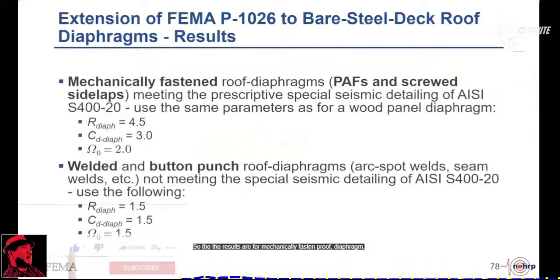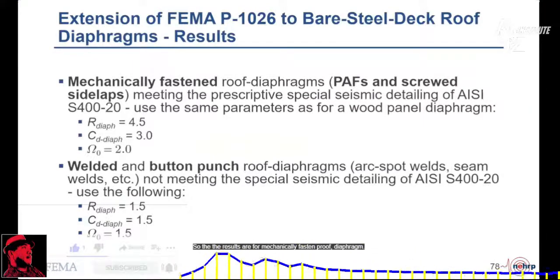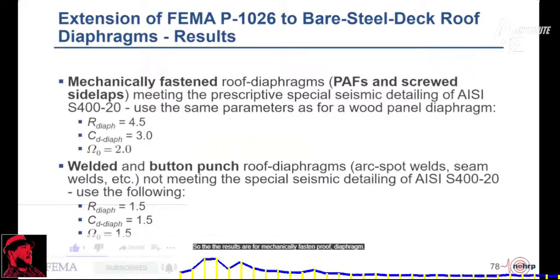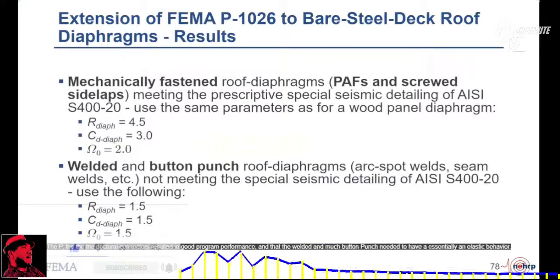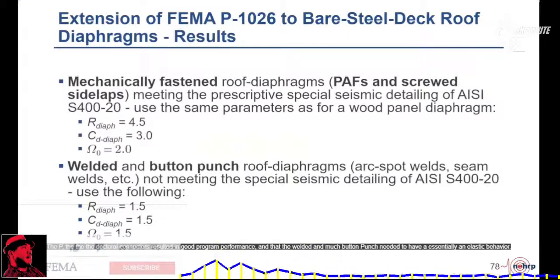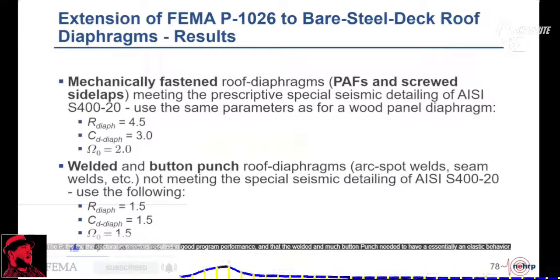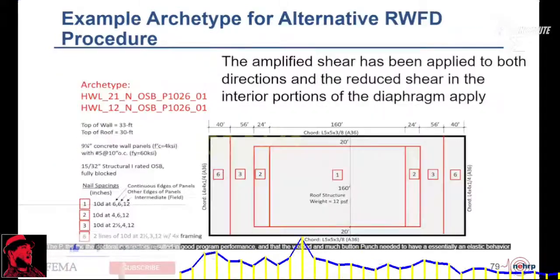So the results are, for mechanically fastened roof diaphragms, the ductile connectors resulted in good performance, and the welded and button punch needed to have essentially an elastic behavior. That I already talked about.